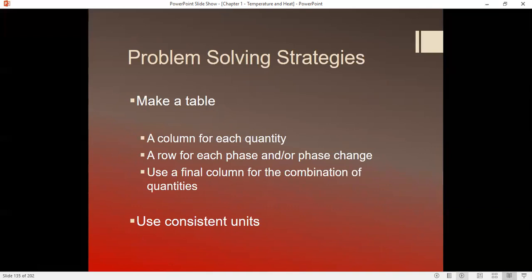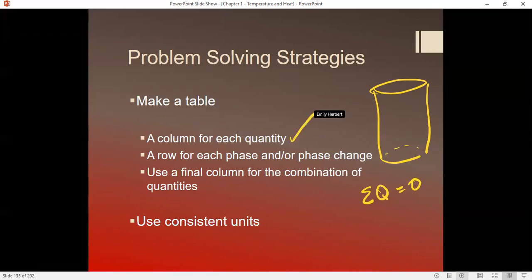Now, when we have a phase change in a calorimetry problem, we have a calorimeter, we put hot and cold materials in there, they exchange heat, but the total heat of the system is 0 because we isolate it from the outside.